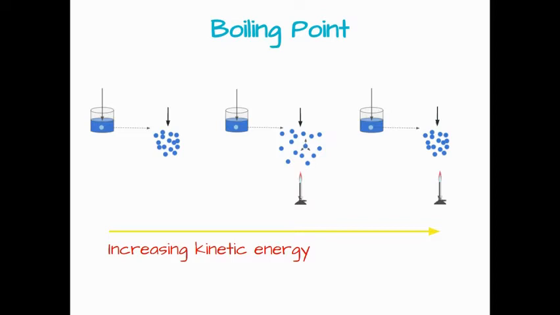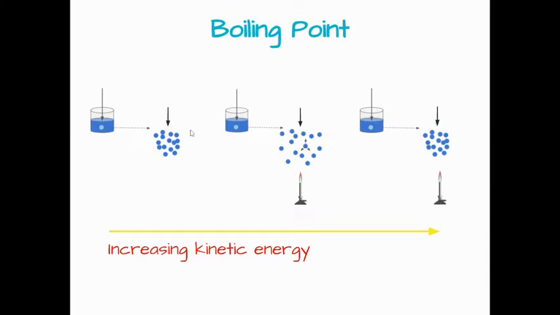To understand what happens when we add a solute to the boiling point of a solution, we first need to understand what's happening to the particles. When we talked about gases, we talked about the fact that as the particles speed up, they get farther apart. Well, the same thing happens in a liquid.